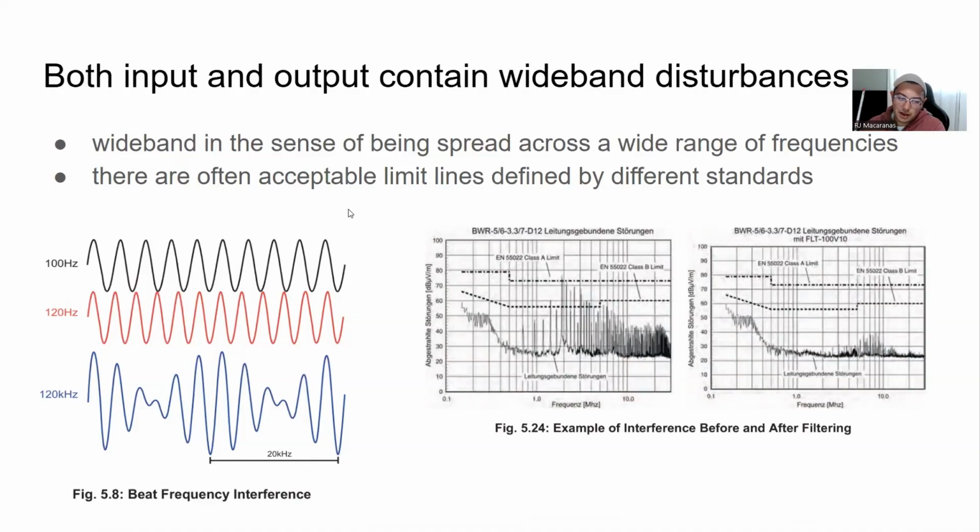Based on different standards, we have different acceptable limits of these conducted emissions. And in order to stay under these limit lines, we need to have filtering across a wide band of frequencies. So here on the rightmost figure, you can see the effect of adding filters, right, significantly reduces the amount of energy across this frequency spectrum that's getting leaked outside of our DC to DC converter.